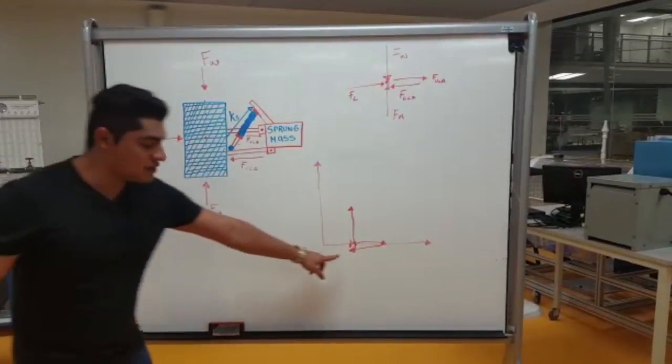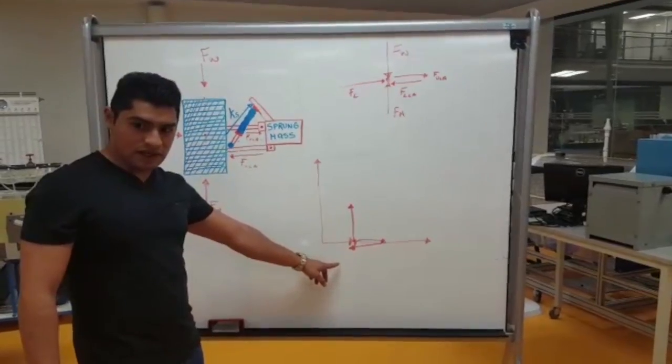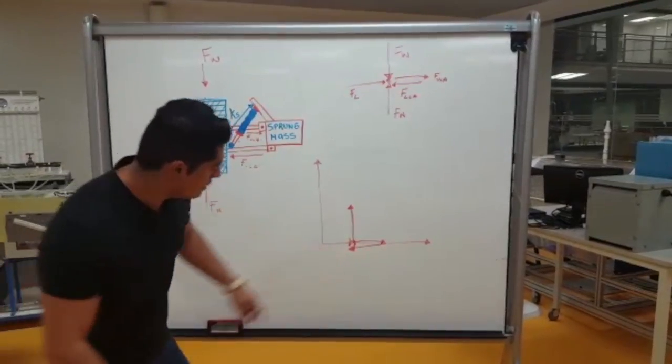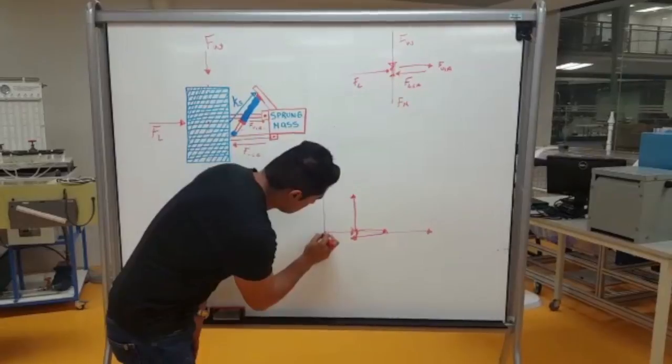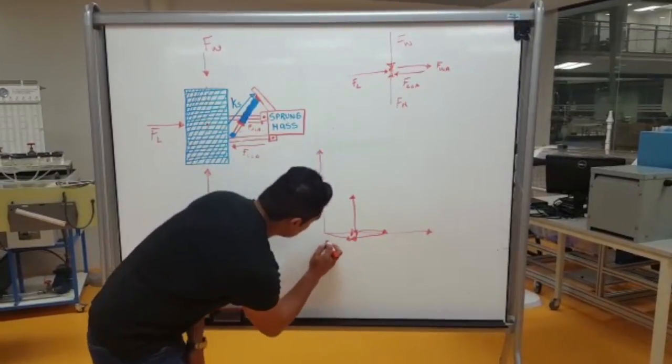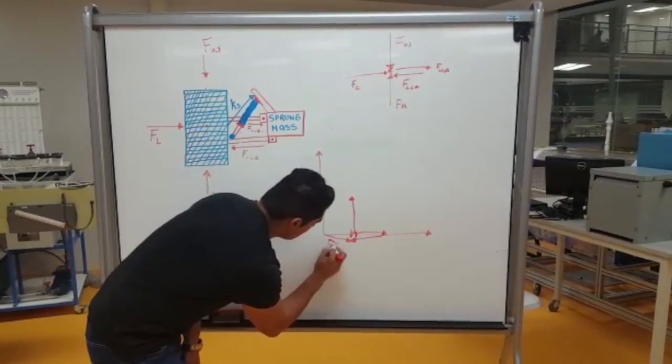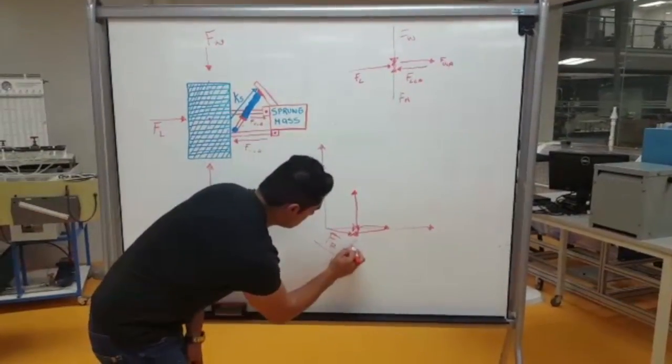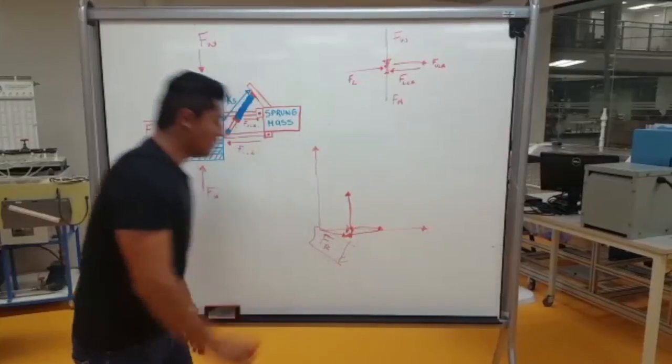The tip of the resulting vector starts from the origin, like this. And this is the resulting vector of this figure.